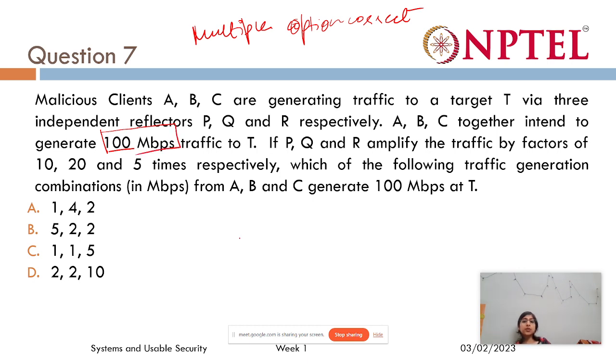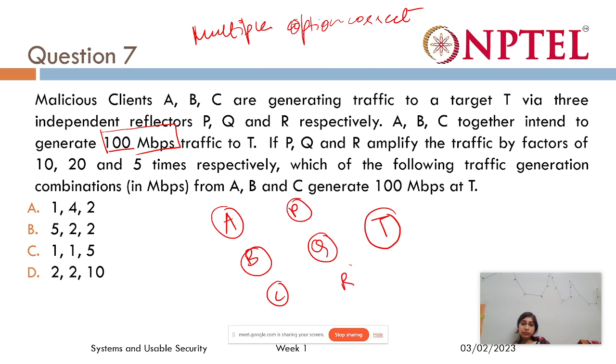These routers A, B, and C are transferring the traffic to destination D, and P, Q, R are amplifying the traffic being generated by factors of 10, 20, and 5.